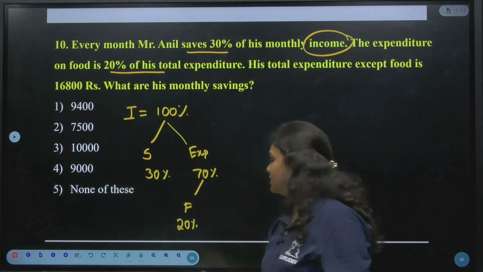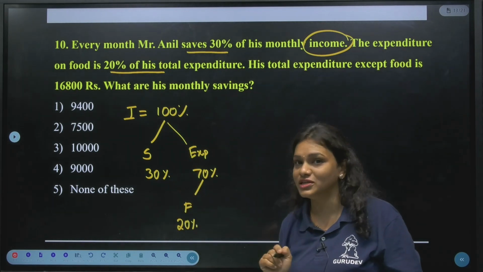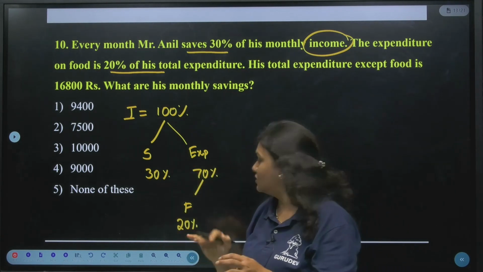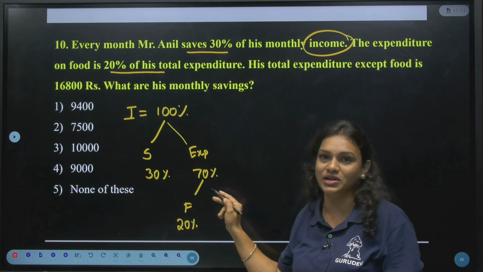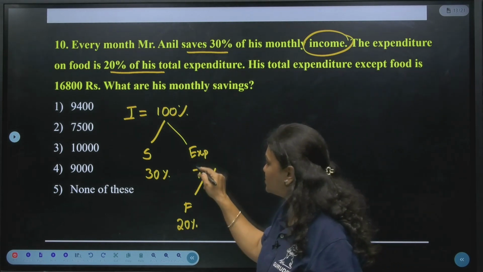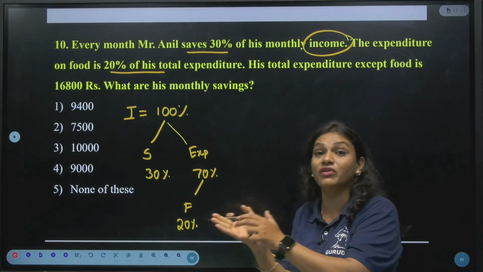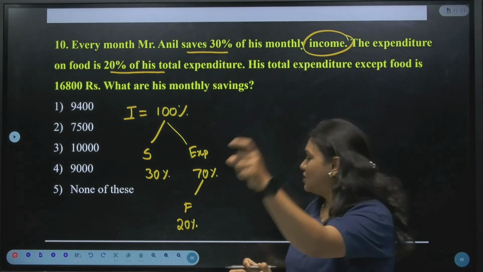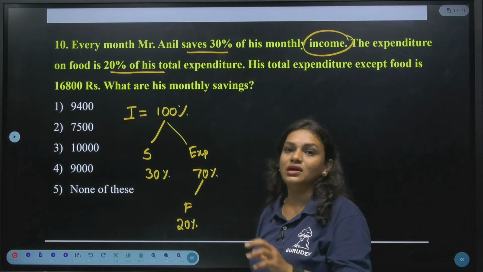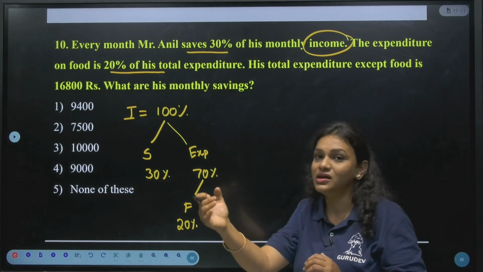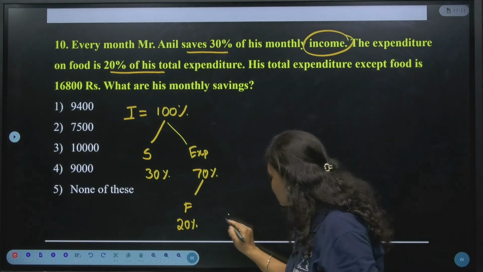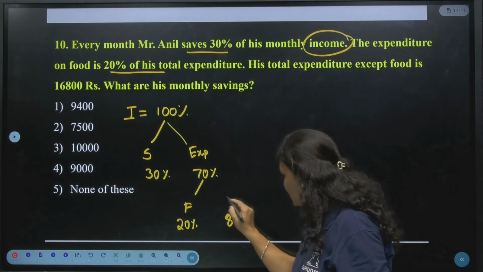Try to understand here: the 20% is not for all the income, but for the total expenditure. Out of total expenditure, 20% he spent on food, so the remaining is 80%.